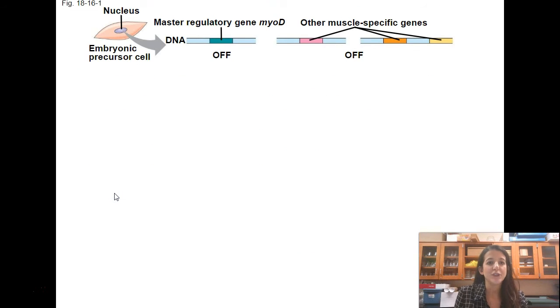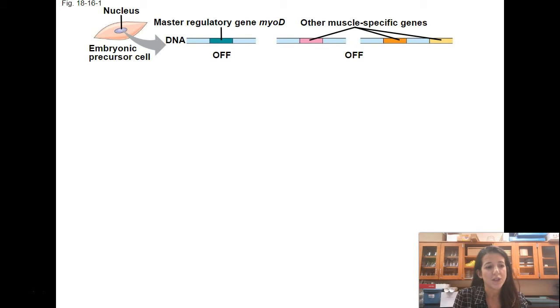Alrighty, so we see in this first one, just an example for you, an embryonic precursor cell. You can tell it's going to end up being a muscle cell based off of the shape. At this point, our master regulatory gene is turned off. We are not totipotent anymore, but we're pluripotent.